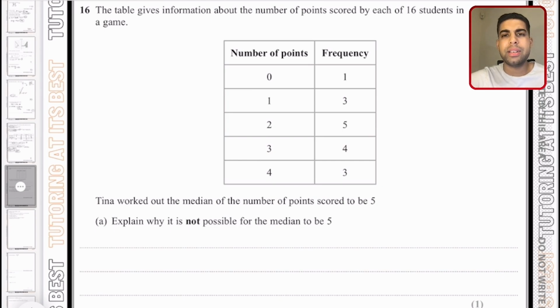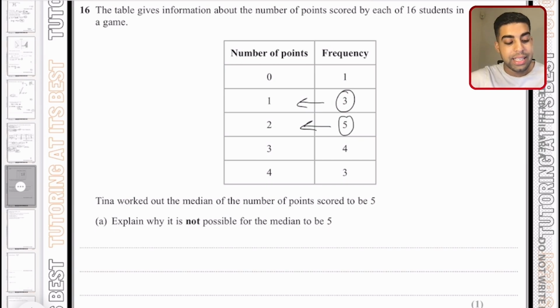Well, if we take a look here now, we've got a number of points and we've got our frequency. But let's not get mixed up with our frequency and what points the student scored. What the frequency is merely telling us is that 3 students have scored 1 point, or 5 students have scored 2 points. So in this table, it doesn't show us if any student has scored 5 points.